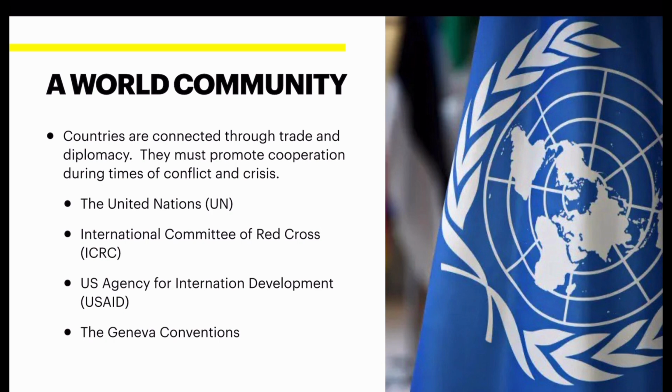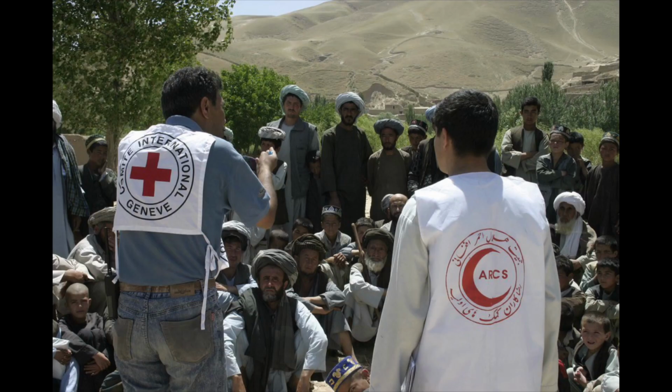Nations also form organizations to help out areas of conflict. Those organizations can provide humanitarian aid or assistance to people who are in distress. During the Syrian civil war, the International Committee of the Red Cross brought food, clean water, and essential aid to civilians.